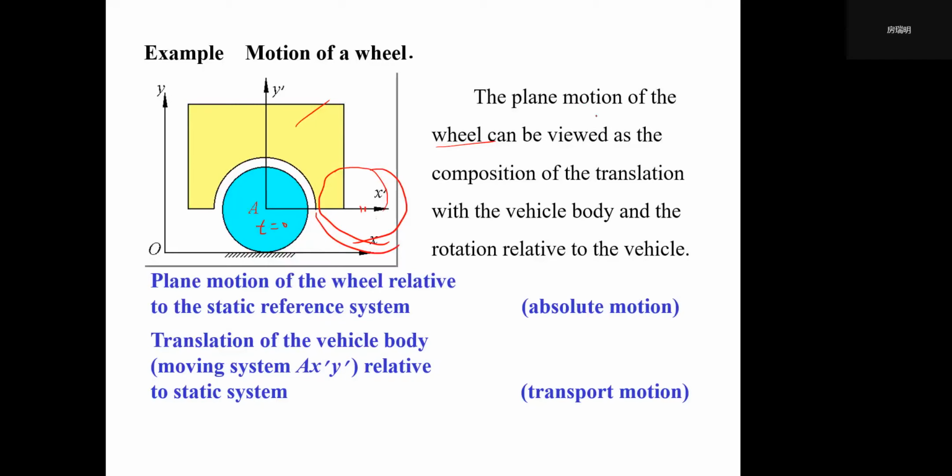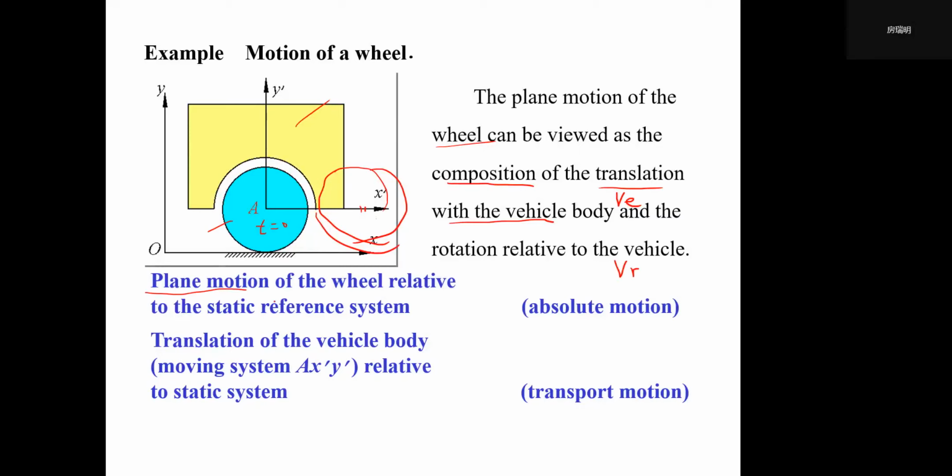So that means the plane motion of the wheel can be viewed as a composition of translation with the vehicle. That is what we said, VE, right? And the rotation relative to the vehicle, that's what we have in the VR, right? So the plane motion of the wheel, if we look at this wheel, it's a rigid body, so it will have plane motion.